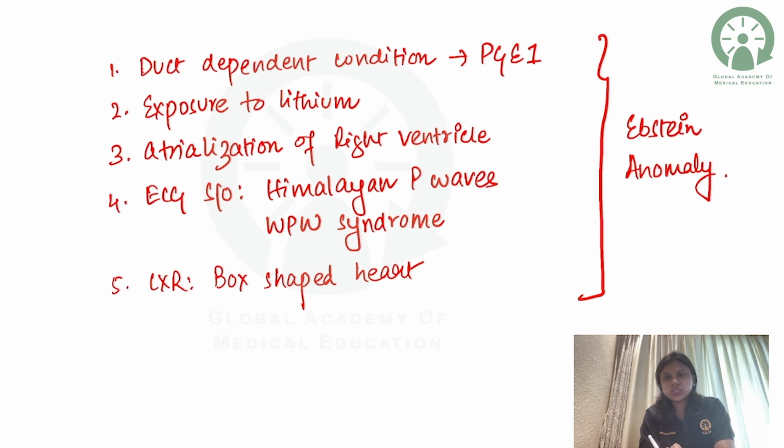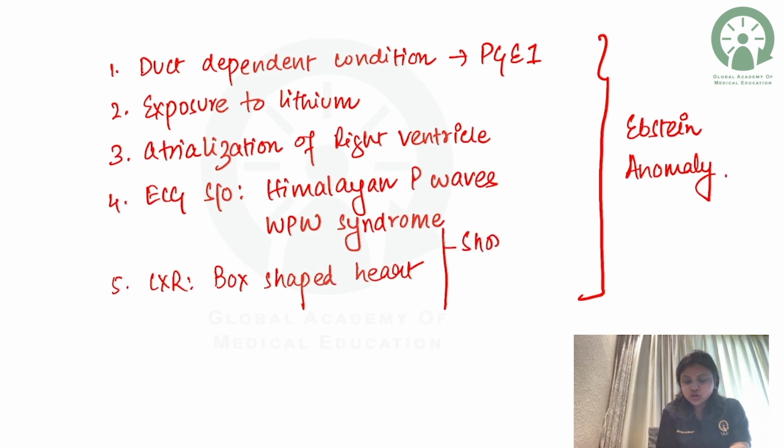Answer is again Ebstein's anomaly. What do you get in WPW syndrome? Wolff-Parkinson-White syndrome. You're going to get a short PR interval, tachycardia, narrow QRS complexes, and we are also going to get a delta wave.